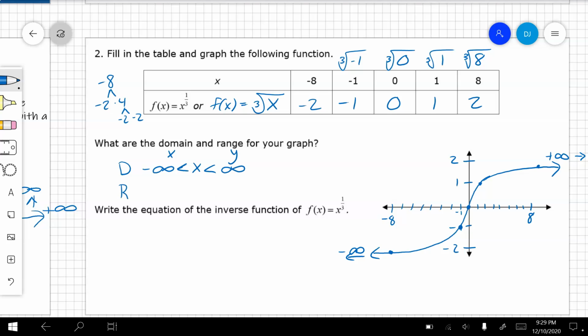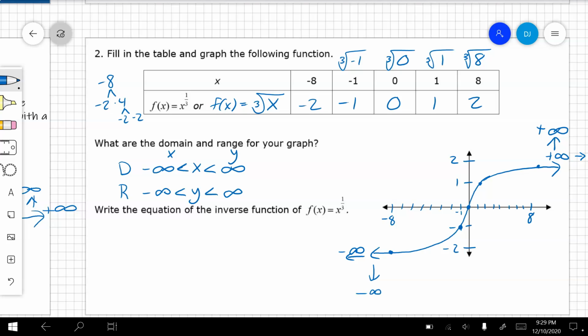Then the range: this is going to continue. It looks like it flatlines, but it actually continues down as well. And it's also going to continue up to positive infinity. So it's going to start off in negative infinity and end in positive infinity. But we can never include infinity because there's always infinity plus 1, so that's why it's not equal to.